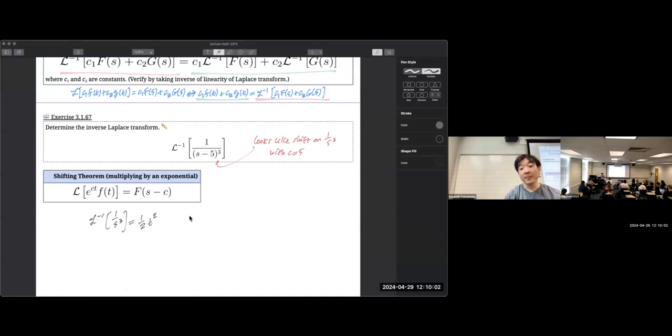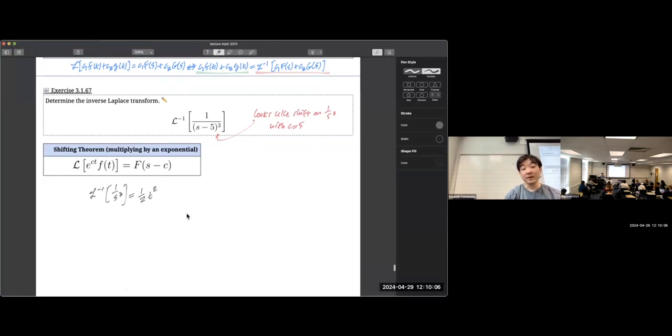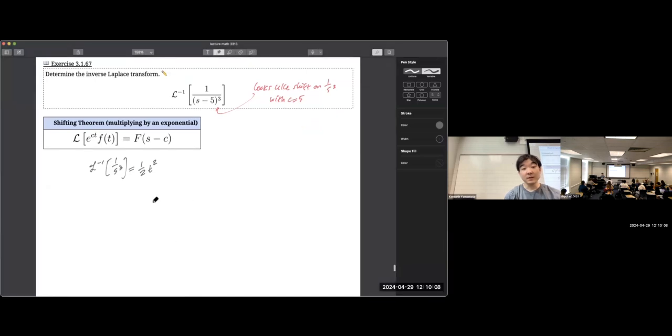The inverse Laplace transform of this right here will be basically the same thing, but with a shift going on.